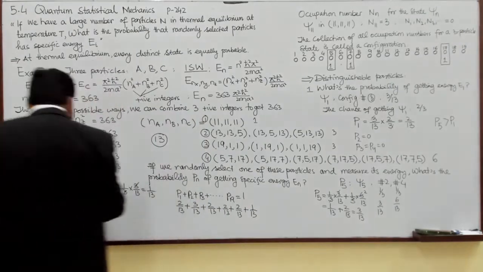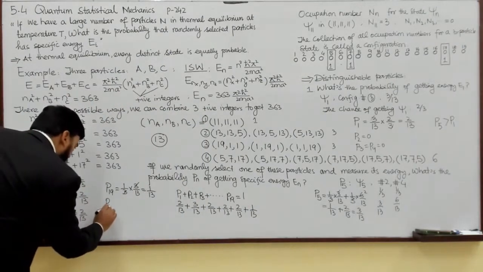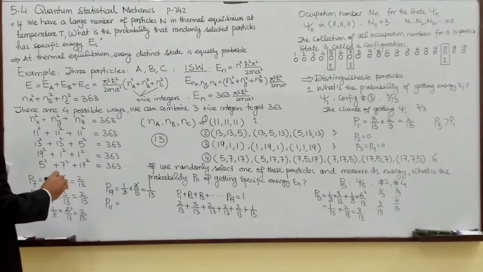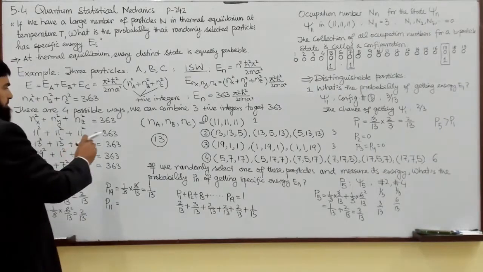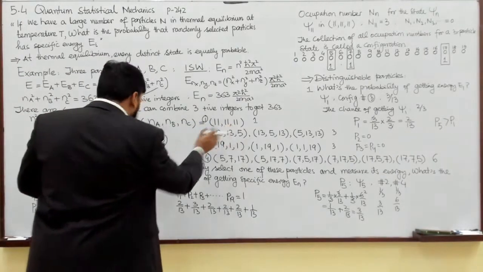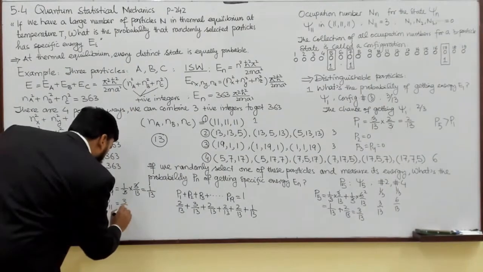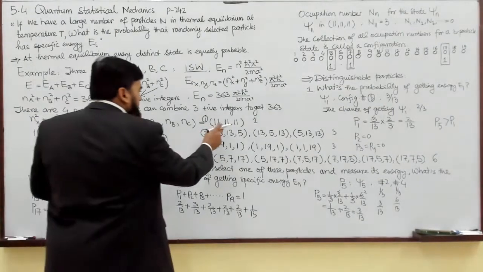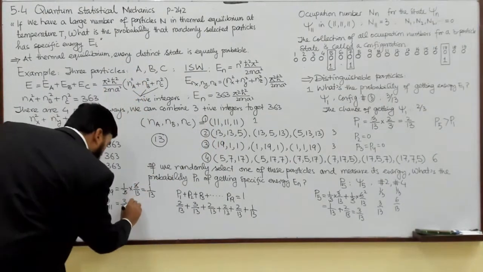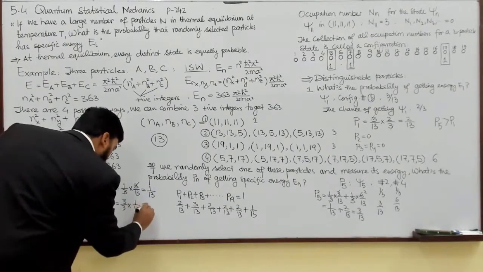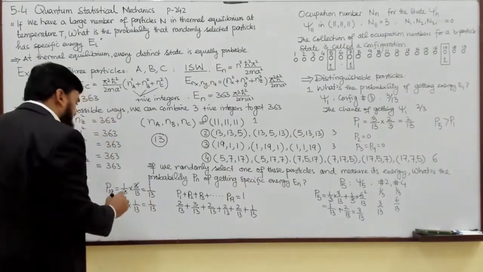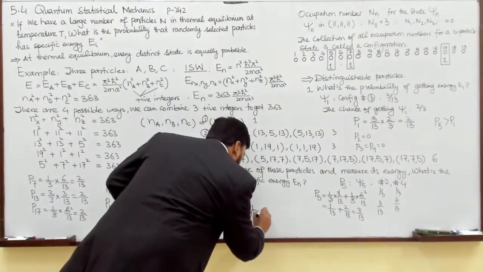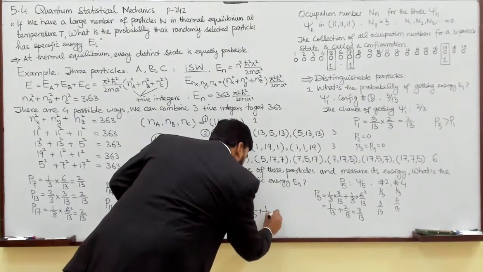So P11 here. Now P11 is, if I look, this is 3 by 3 multiplied by the chance of getting this one, which is 1 over 13. So we are having 1 over 13 for the P11.